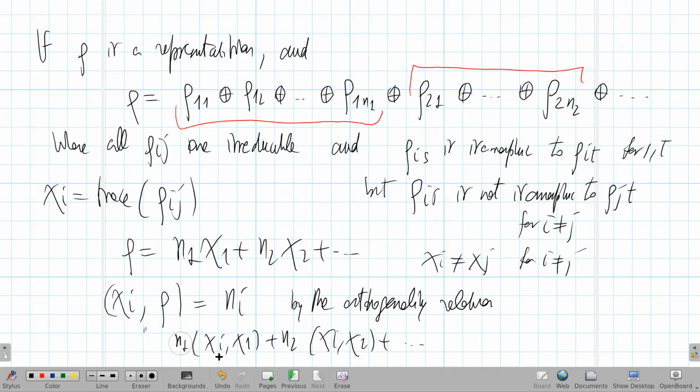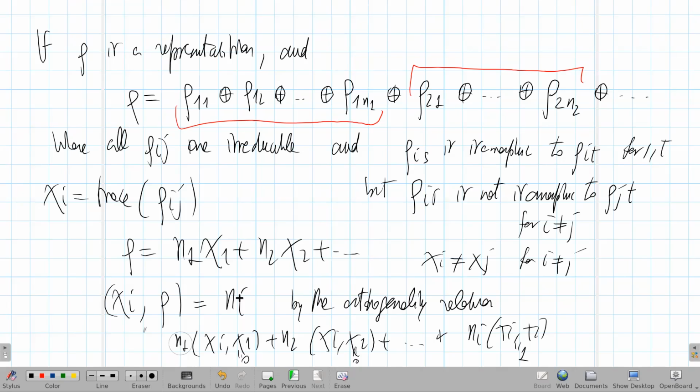And the point is, the orthogonality relation tells you that all these inner products are zero except the one with chi i. I hope this is clear because it's very important. So this will all be zero, except that somewhere you'll have ni times the inner product of chi i with itself, and this is one, and so you get exactly ni.